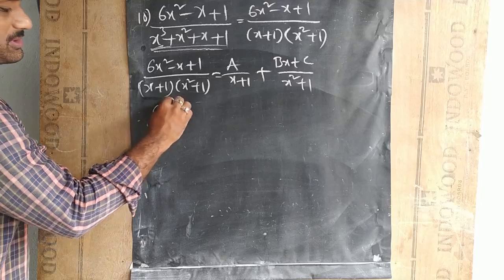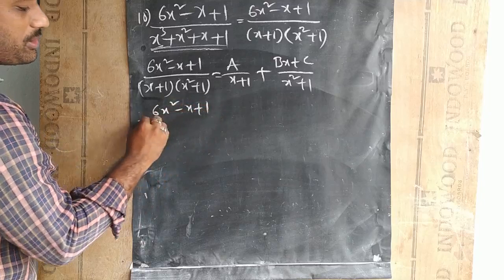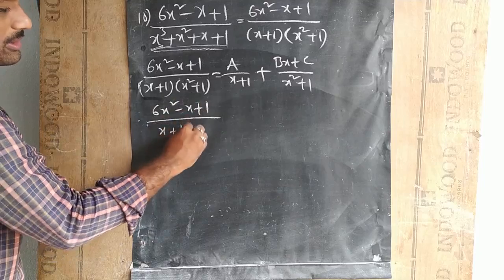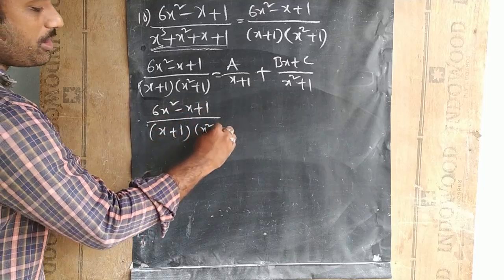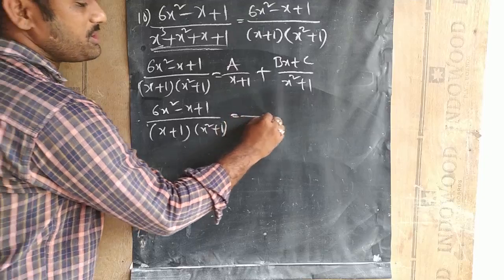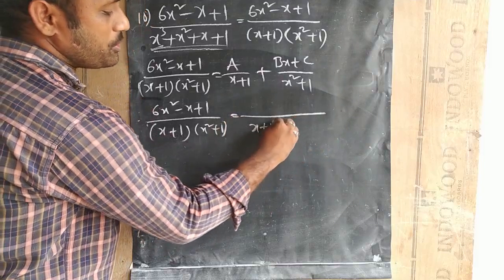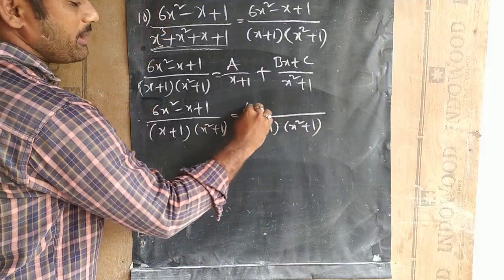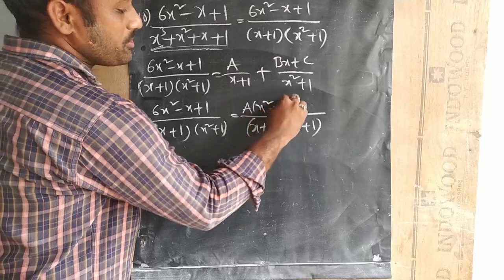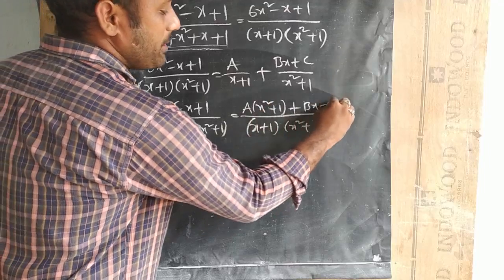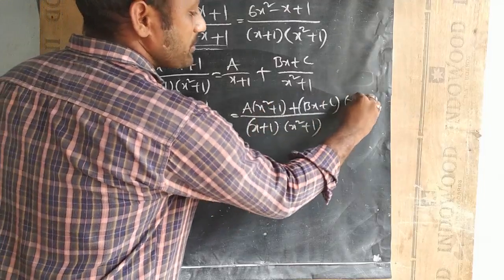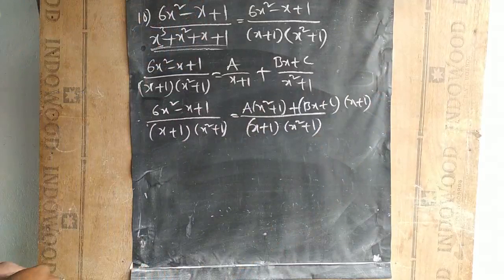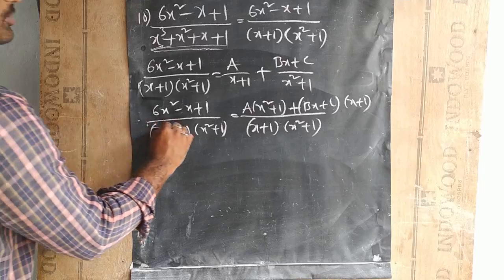Now here, the LCM is the same, (x + 1)(x² + 1). So this can be written as A(x² + 1) plus (Bx + C)(x + 1). So this gets cancelled.